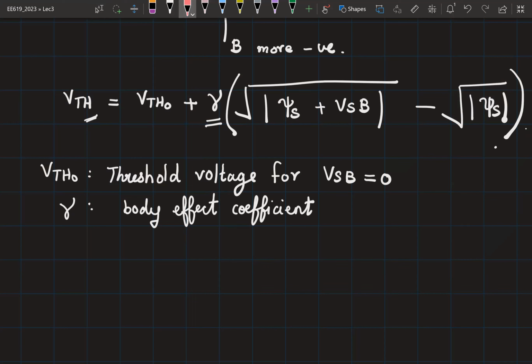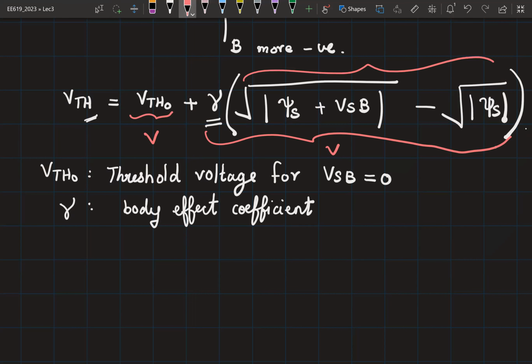So what is the unit for VTH naught? This is volts. This means this whole thing has to be volts. So this has a dimension of square root of volts. Therefore, gamma should also have units of square root of volts. Is this okay?